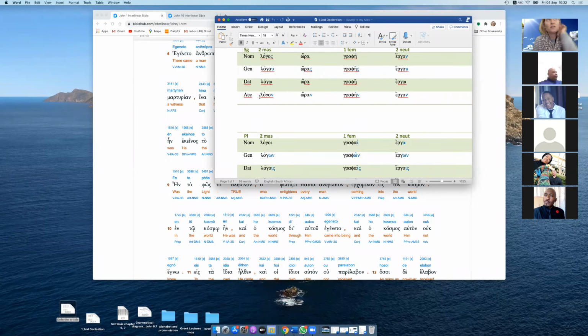There are different endings. Now I want to draw your attention to the accusative. You see logon, ending omicron, nu. Again, alpha, nu, and then eta, nu. It will be nu everywhere for the accusative. That's how you recognize the accusative form.